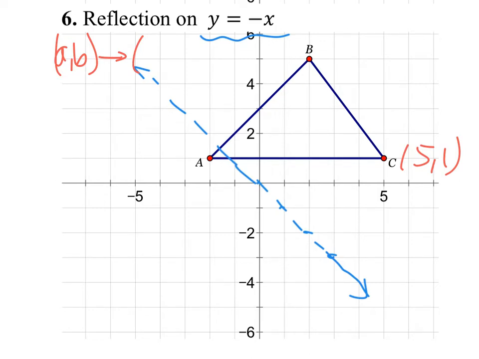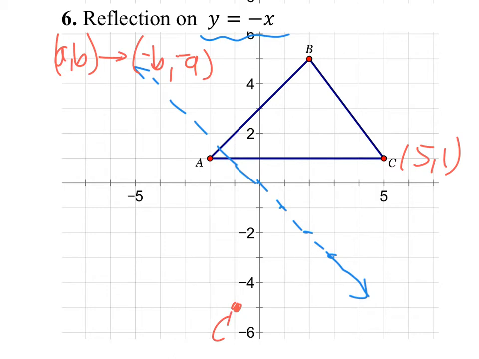But hopefully you can tell, it's going to be on this side of the line. And so we get negative 1, negative 5, because they flip, and they both become opposites. So here they were positives, positive 5, positive 1. So now they're going to flip to negative 1, negative 5. And there is C prime.